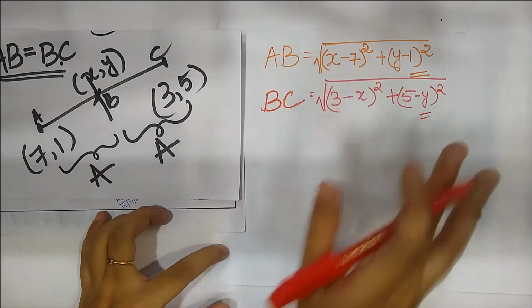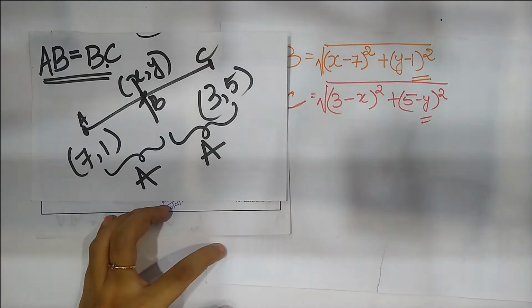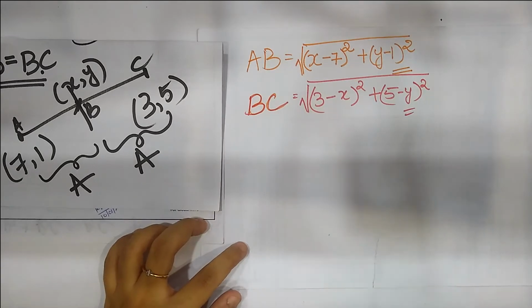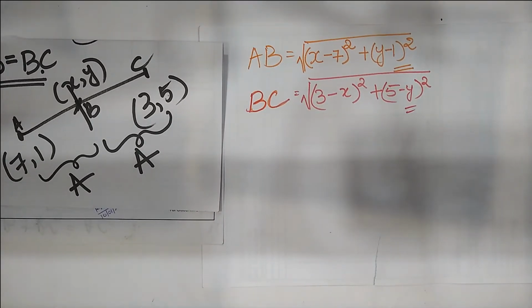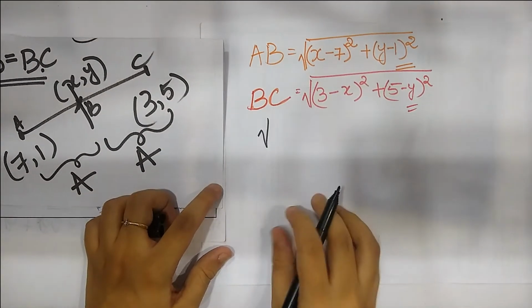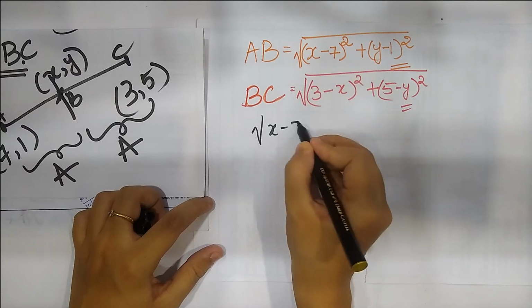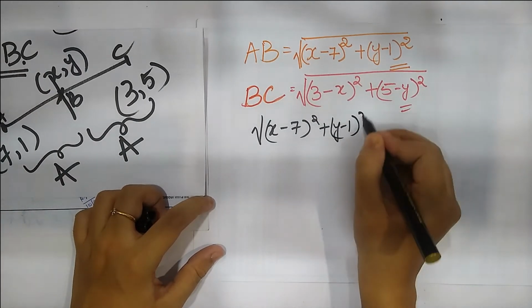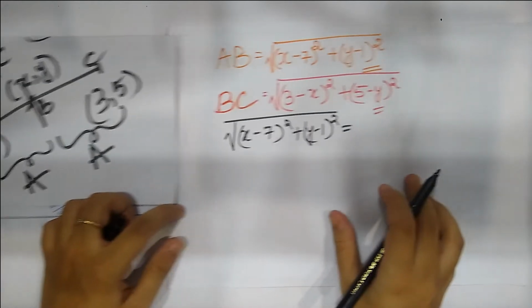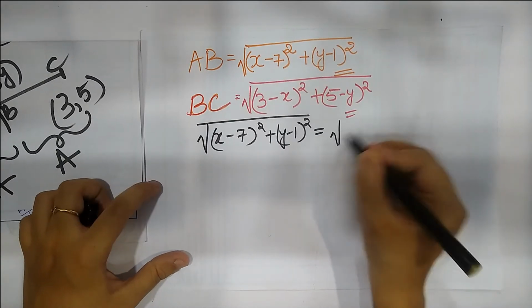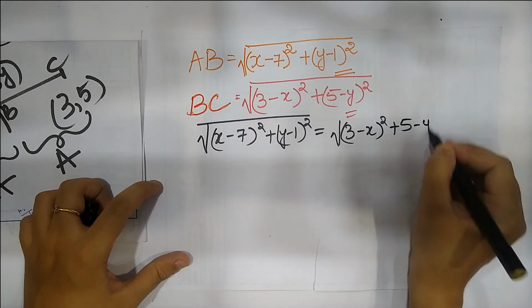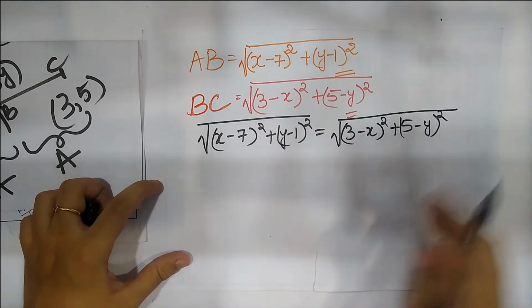They've told us in the condition itself that they are at equal distance, which means AB is equal to BC. So we'll just equate these two. We have square root of x minus 7 the whole square plus y minus 1 the whole square, which is equal to BC, which is square root of 3 minus x the whole square plus 5 minus y the whole square.